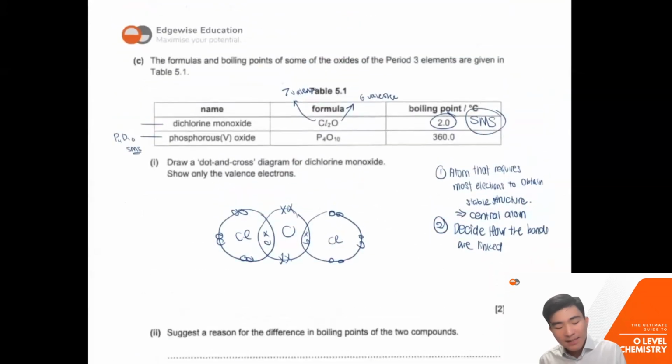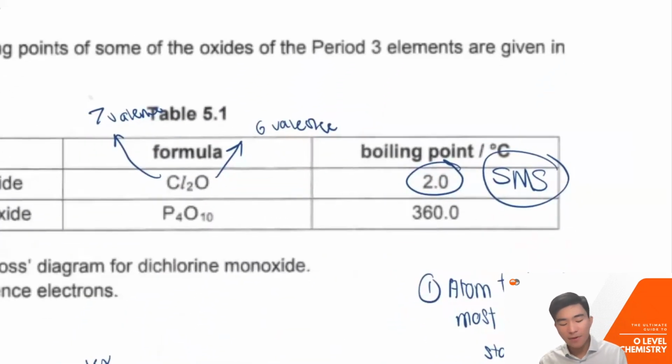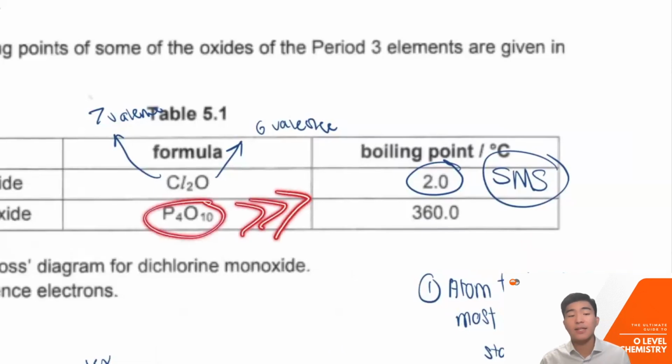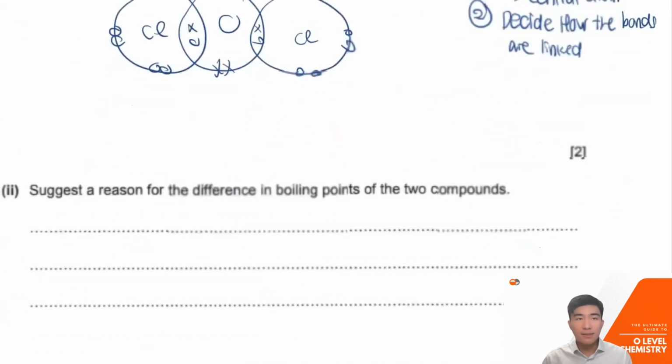So we look at these two. Clearly, we compare Cl2O and P4O10, which is the larger molecule. P4O10 is definitely going to be the larger molecule. If you simply calculate the Mr, you can already tell, right? P4O10's Mr will be much, much greater than Cl2O. Now, so the answer is as such.